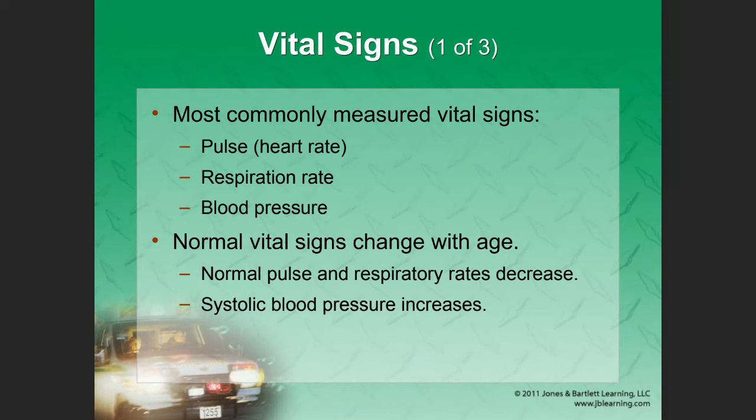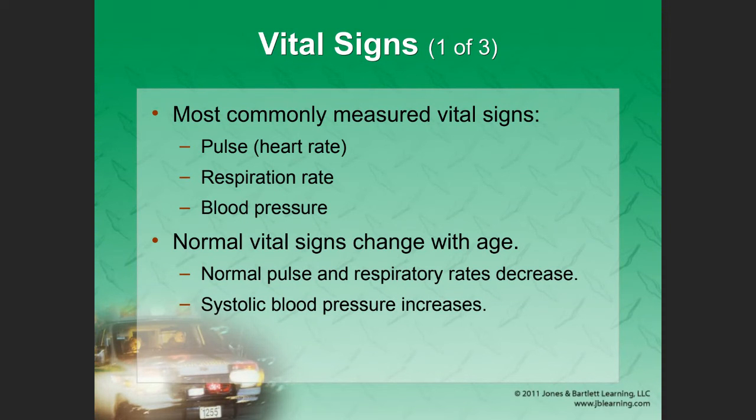The pulse rate is obtained by counting the pulsations, and the pulse point that is used for patients that are talking is the radial pulse. If the patient is not talking, you use the carotid pulse. To obtain a pulse rate, you will count the pulsations for a full minute, and that will give you the pulse rate per minute.